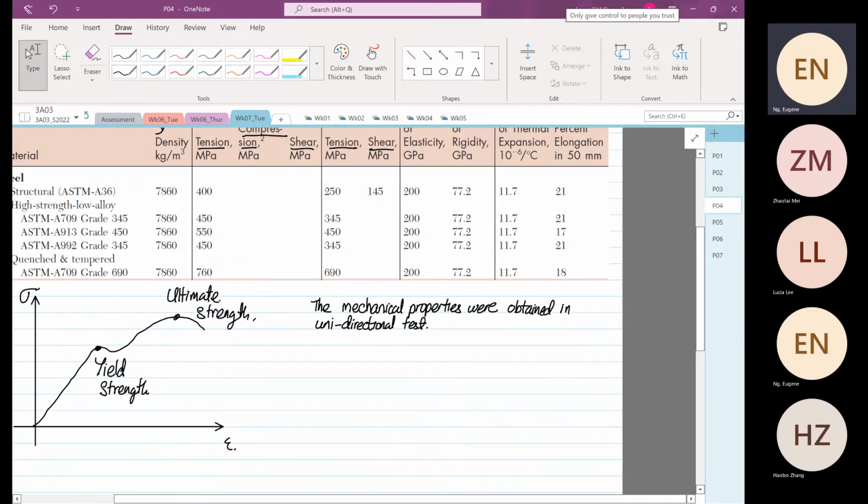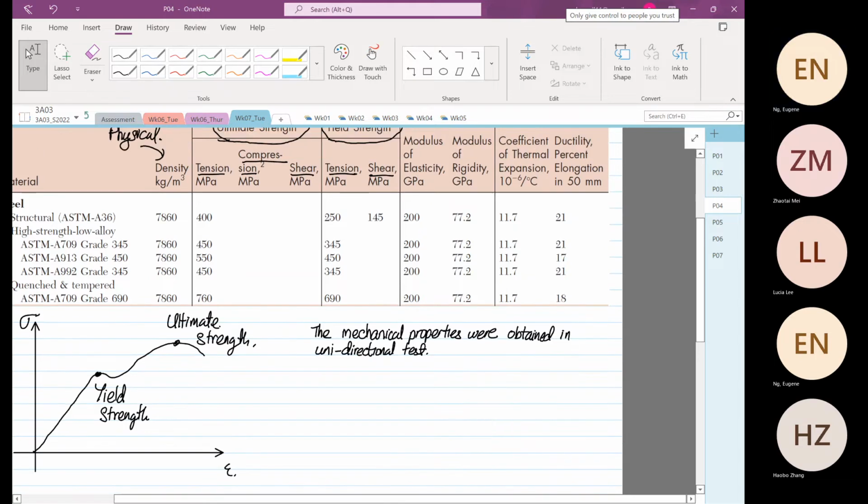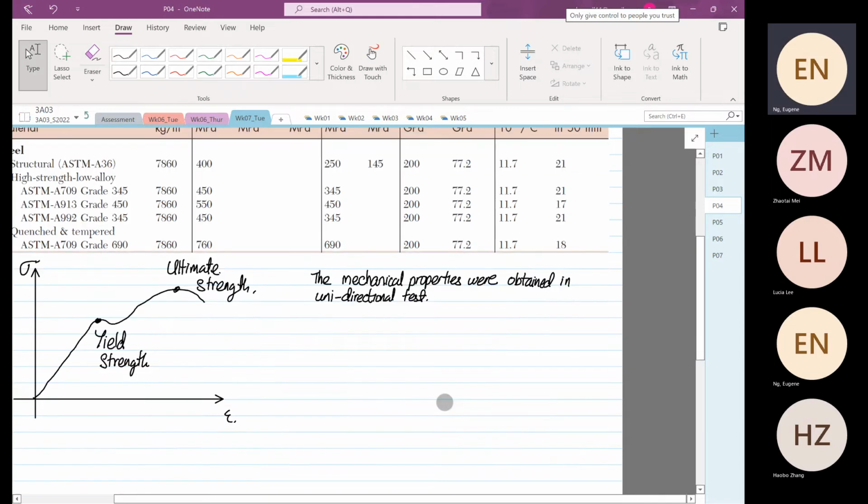What do we mean by unidirectional? So you can see we have tension, compression, and shear. If they were to report any tests in tension, or data or properties in tension, okay, so this is our material.